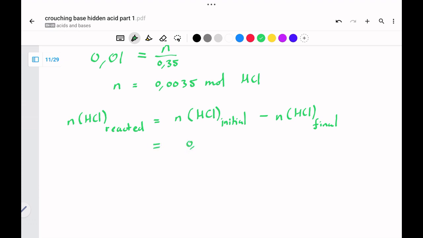The initial was this number. The final was this number. So we have 60 minus 35 is 25. Yep.